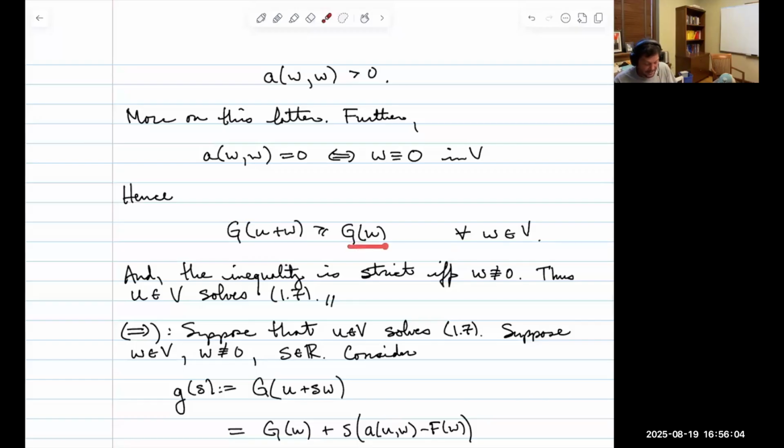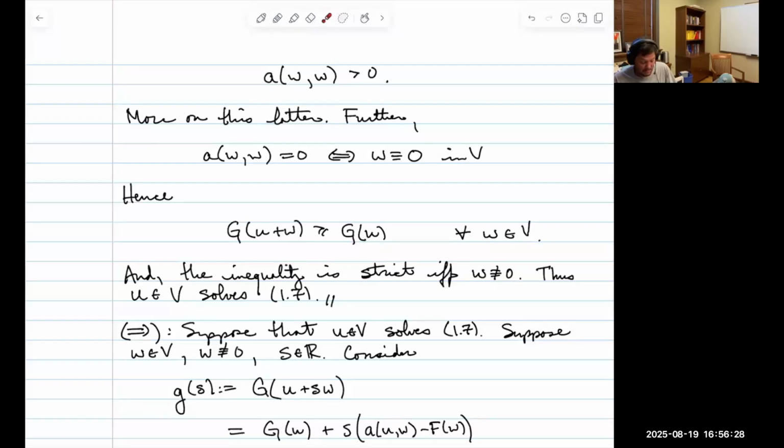It's always less than anything that you obtain by examining U plus W, right? And this can be arbitrary because we're in a linear space. So this is essentially like saying let Z be arbitrarily given, then G(Z) is strictly greater than G(U) for any Z other than U, right?